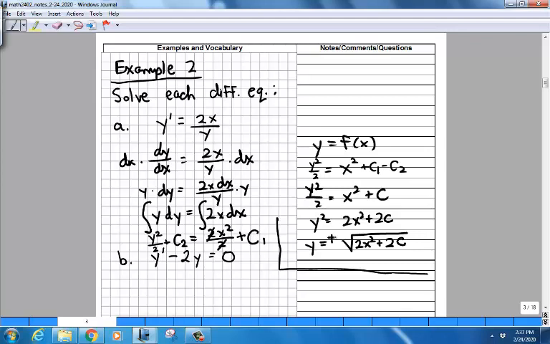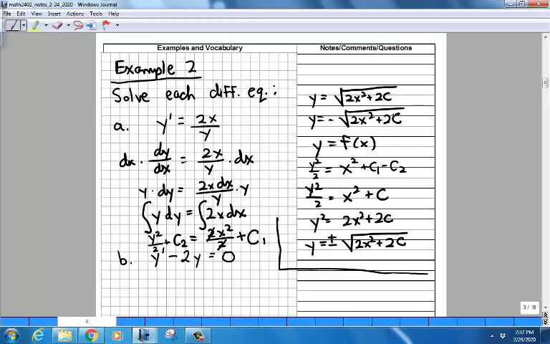So I get 2 possible formulas for the solutions to this differential equation. One of them would be y equal to the positive square root of 2x squared plus this constant. And the other one is y equal to minus the square root of 2x squared plus this constant.